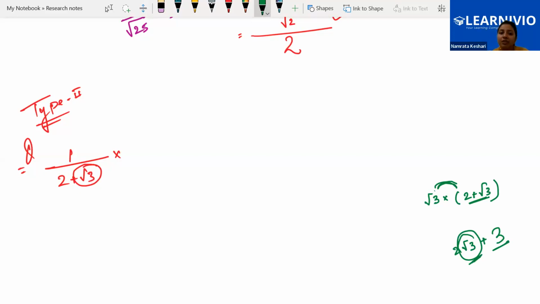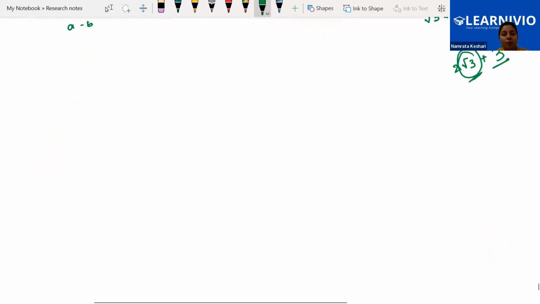Whenever we have this type 2 problem, in the denominator you will always see an a plus b or a minus b type of structure. What we have to do is make the formula of a square minus b square, which we discussed in the polynomial chapter.